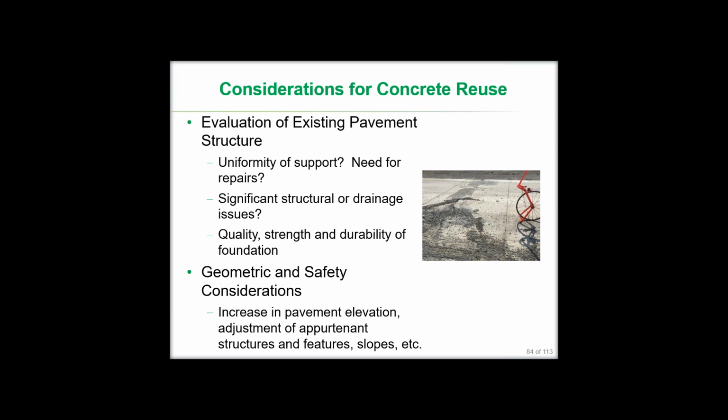It may be impossible to do if you already have clearance issues under overpasses and so forth, where you'd absolutely need to do a removal locally. Maybe you can reuse the pavement up to the overpass, but then you need to do a replacement, partial replacement in the vicinity of the overpass itself. So those kinds of things can limit the ability to reuse existing pavements, even when they might otherwise appear to be good reuse options.